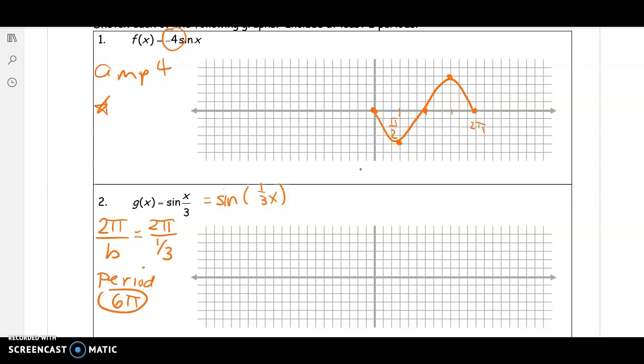So in order to fit this, let's say every 4 tick marks is pi.